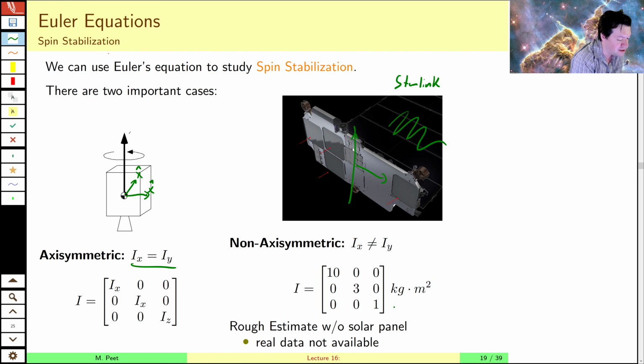I just put down an inertia tensor for the Starlink, just guessing. Assuming this is the z-axis, let's say, I should make this right-handed. If I made that z, then where should I make that? Then, okay, I can make this my x. Oops, wrong side. X, and I can make that my y.